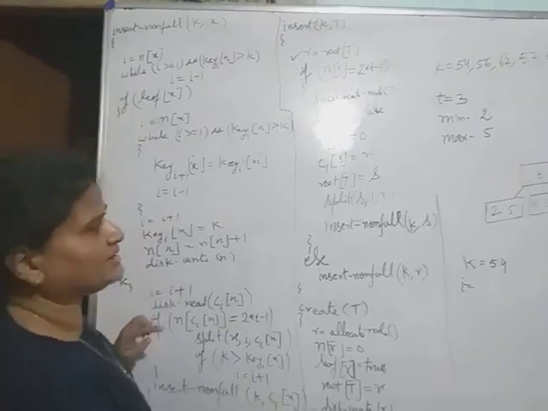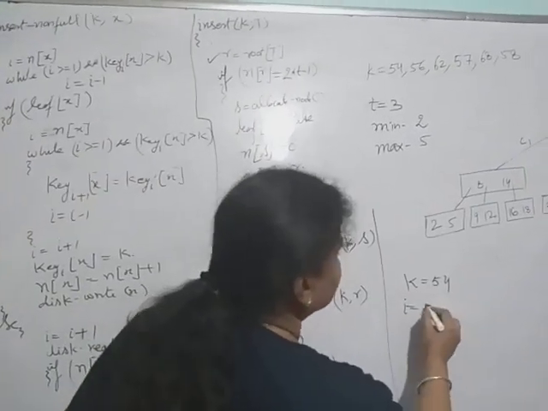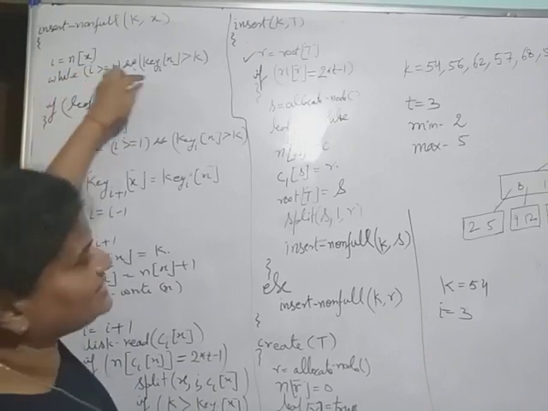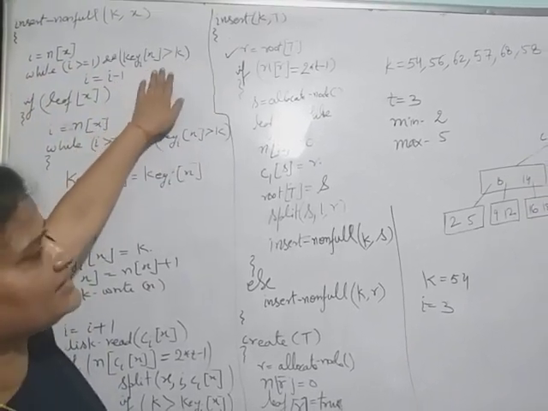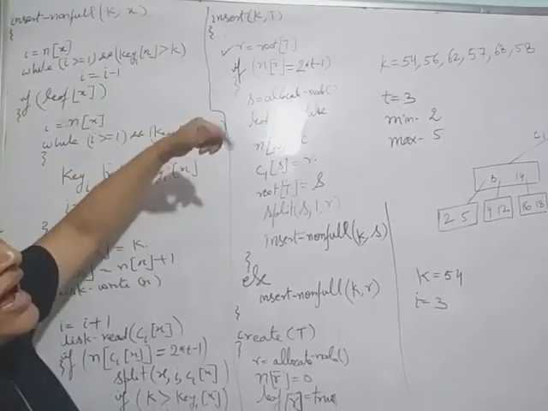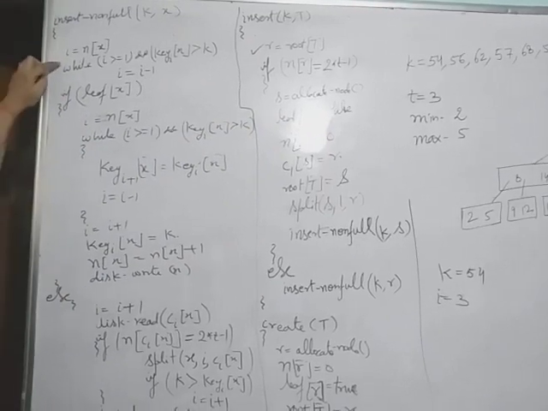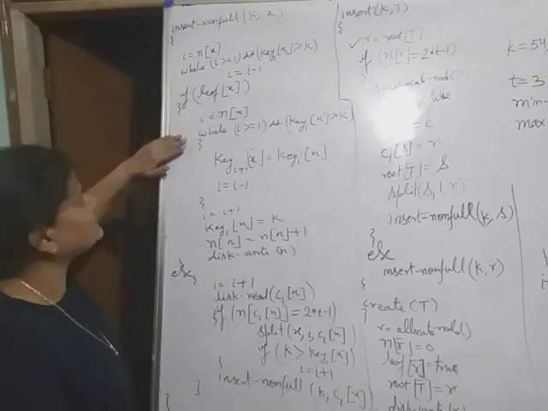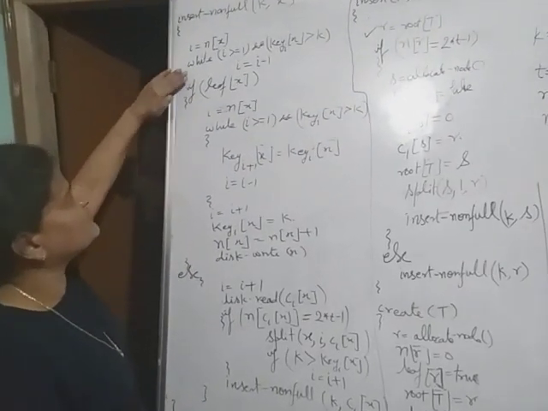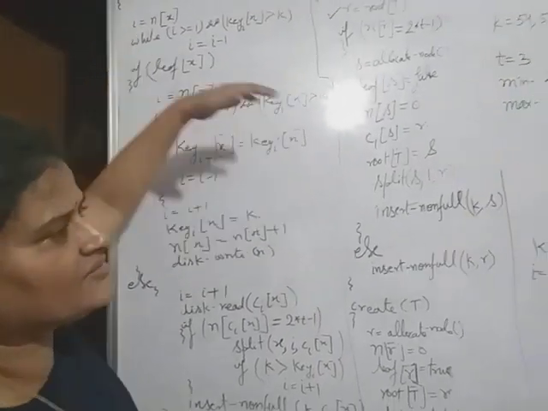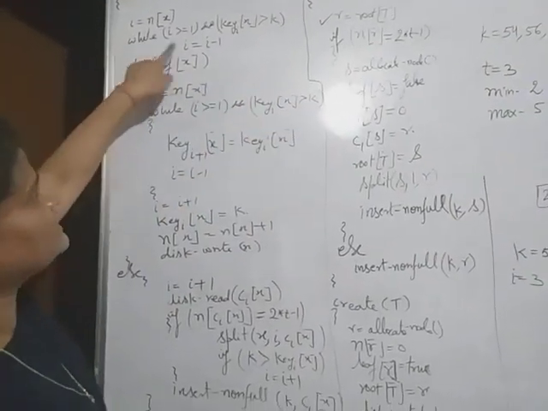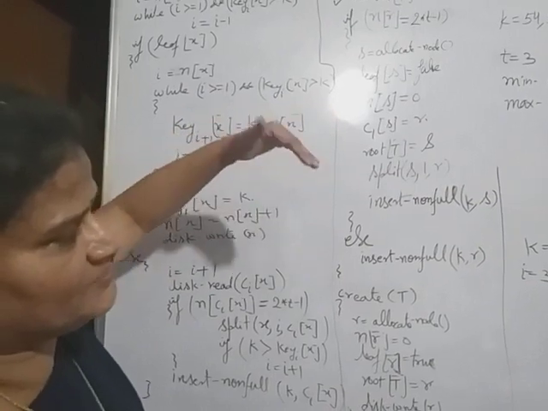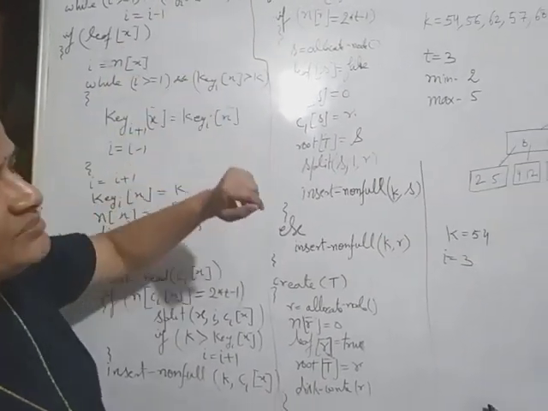Now I equal to nx, so I is 3. While the key is less than x's keys, I is decremented. I can write this condition before this code also. So here it will find the appropriate place where the key can be inserted.